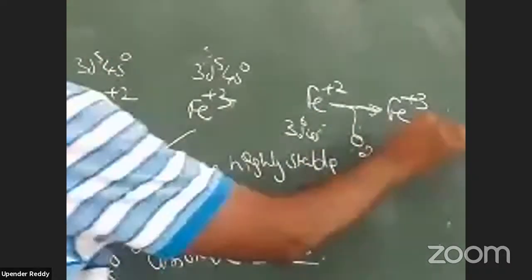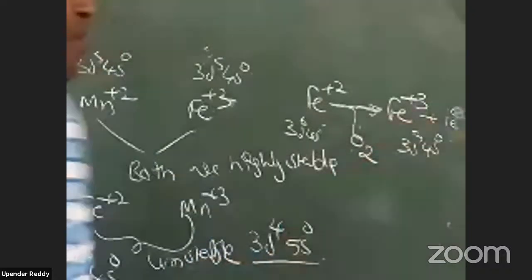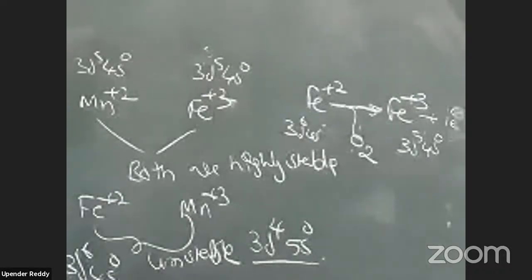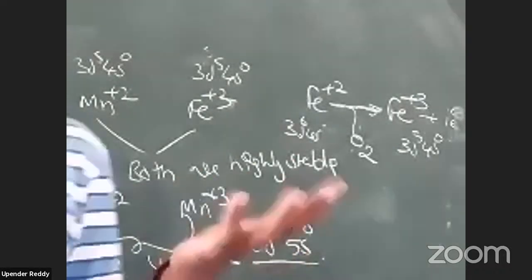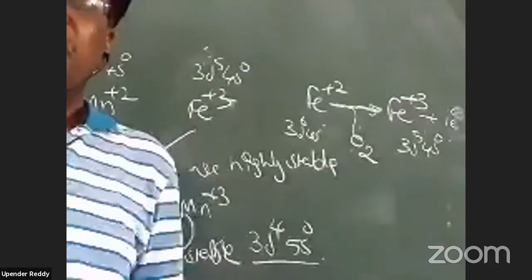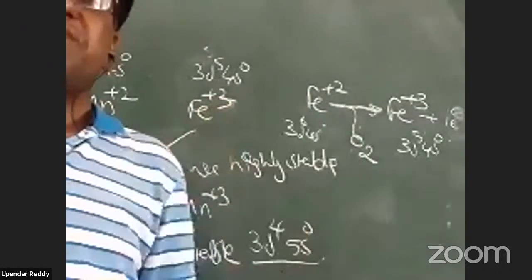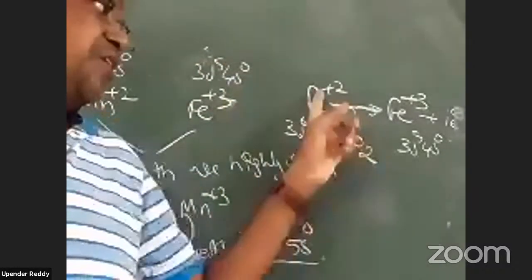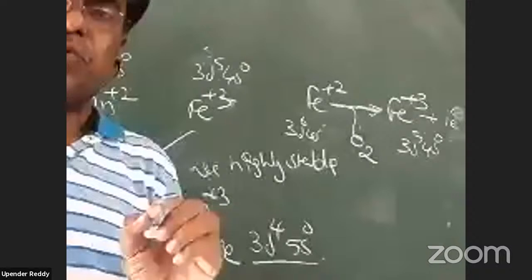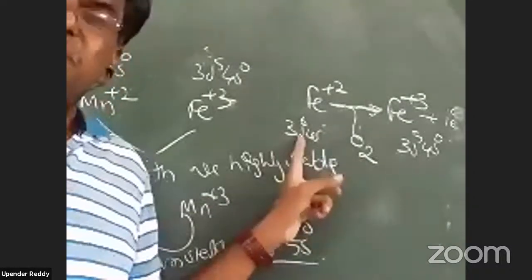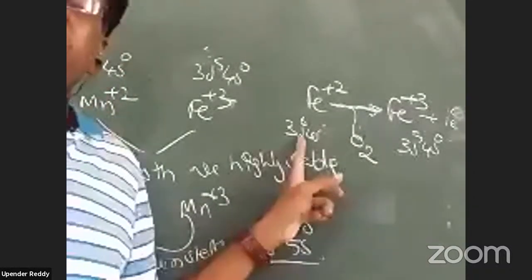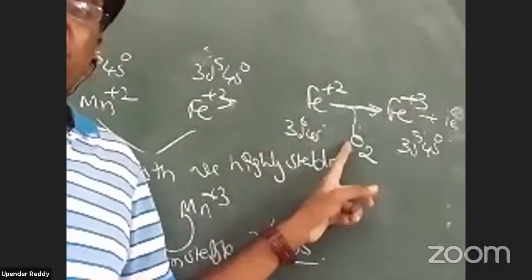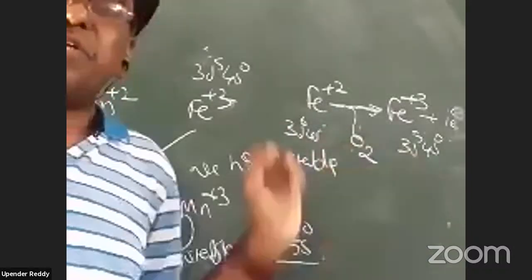On losing an electron, Fe plus 2 compounds convert into Fe plus 3 compounds. That's why ferrous sulfate, if stored in a container or beaker, after several days converts into ferric sulfate. Ferrous converts into ferric, Fe plus 2 into Fe plus 3. This is because 3d6 is an unstable configuration. On long exposure to the oxygen environment, due to reaction with oxygen, it slowly undergoes oxidation to give Fe plus 3.